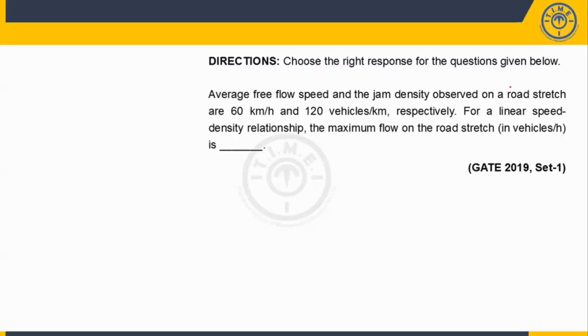Average free flow and jam density for a road stretch. VF is given as 60 kmph.